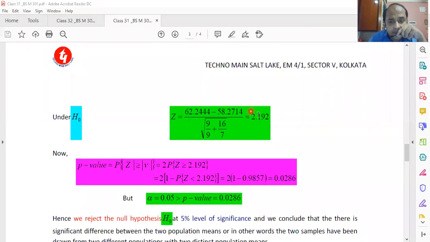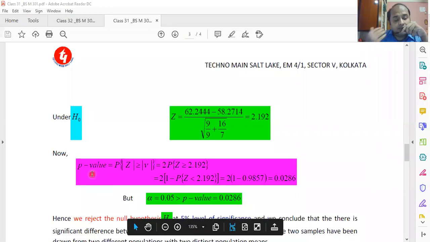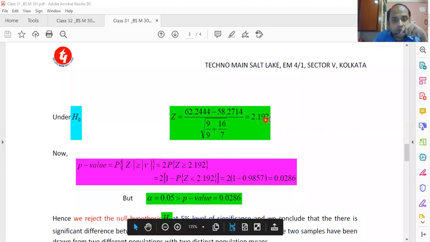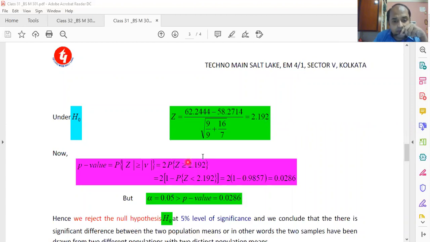Carefully observe that when we calculate the Z statistic, we get a value, and to draw the conclusion we first calculate the p-value. The p-value is calculated with this formula: probability of modulus of capital Z greater than or equal to modulus of nu. Carefully listen to me. What is nu? Nu is 2.192, and this value can sometimes be positive and sometimes negative.